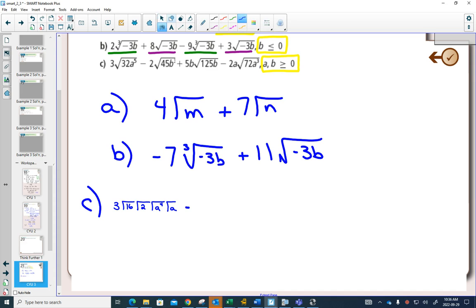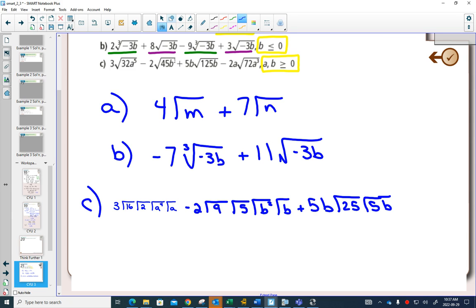Minus 2. 45 is 9 times 5. B cubed, I'll break up with b squared and b. Plus 5b. 125 is 25 and 5.